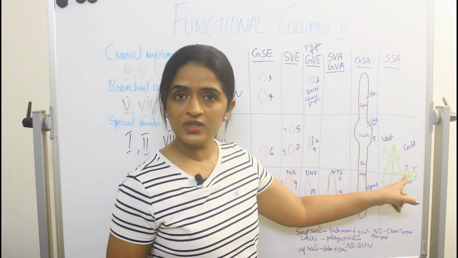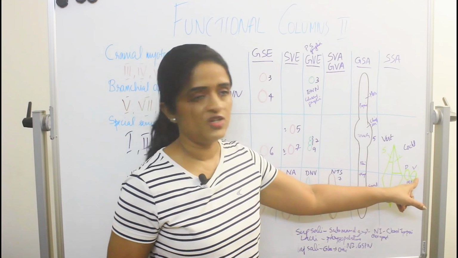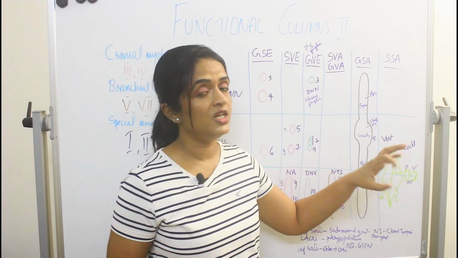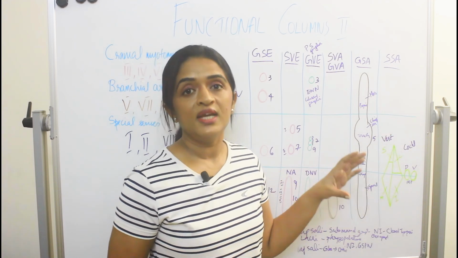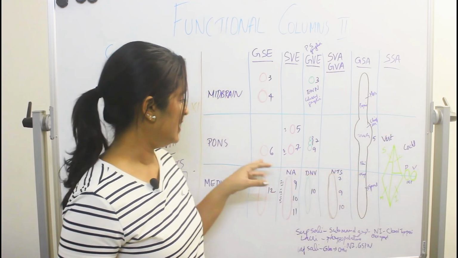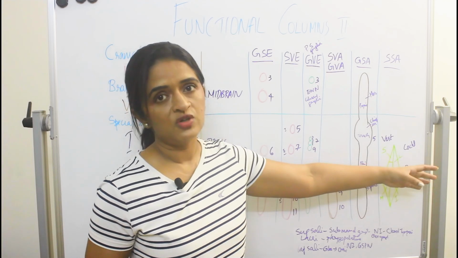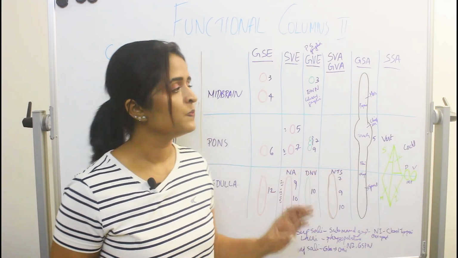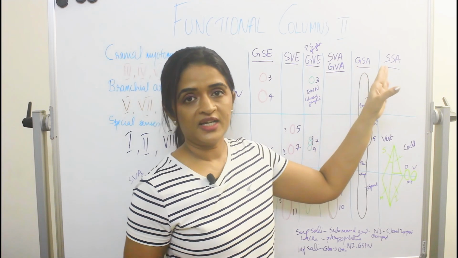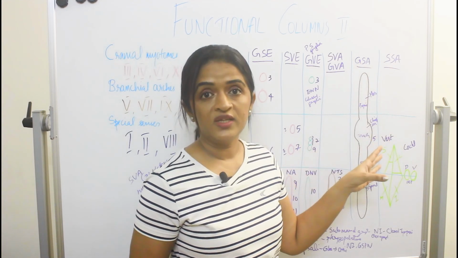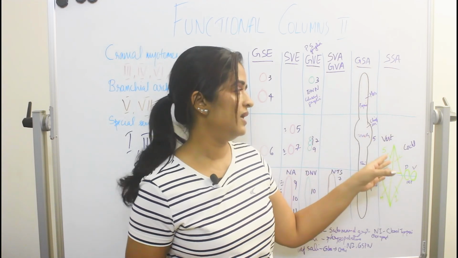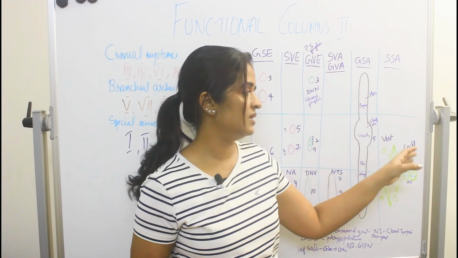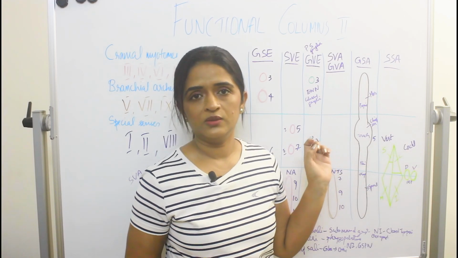So you have the dorsal cochlear nucleus and the ventral cochlear nucleus, both arranged dorsally and ventrally to the inferior cerebellar peduncle. Again, a portion will be dorsal, mainly in the pons, and the ventral part in the medulla. So special somatic efferent deals with hearing and balancing: balancing by the vestibular nucleus and hearing by the cochlear nucleus.